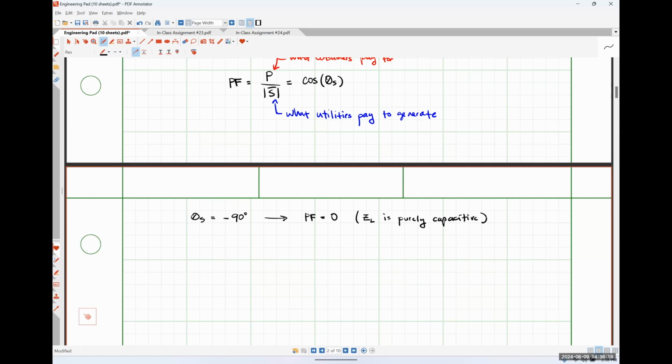Well, in a purely capacitive load, the current always leads the voltage, right?